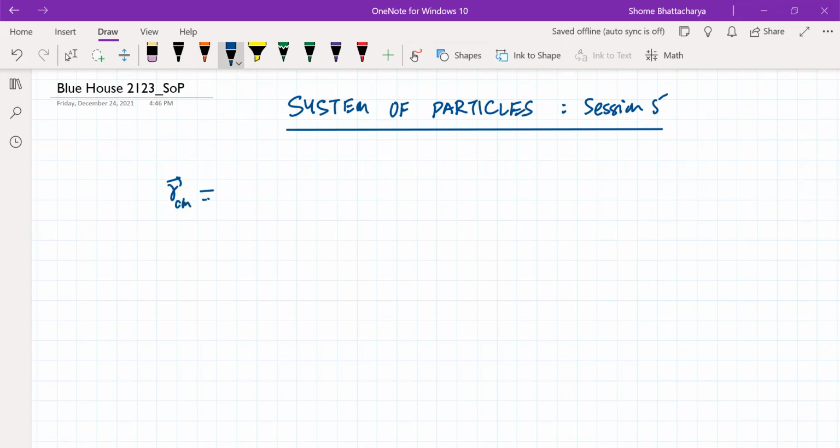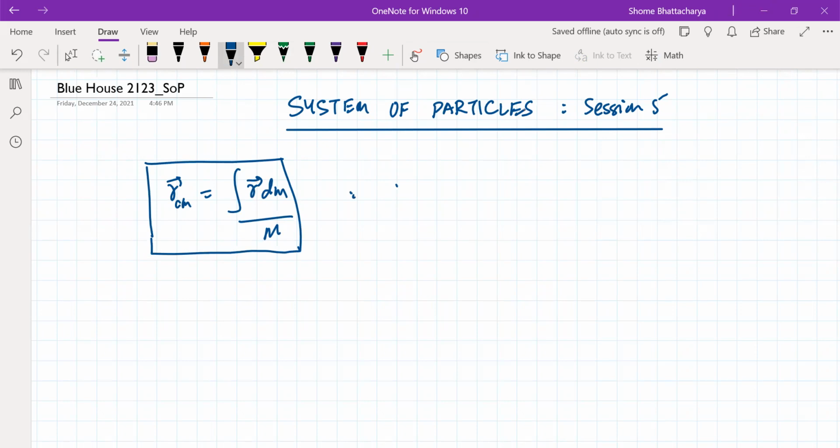Instead of summation, it becomes the integration of r dm divided by the total mass. So this is the general formula for the center of mass of a continuous distribution of mass.